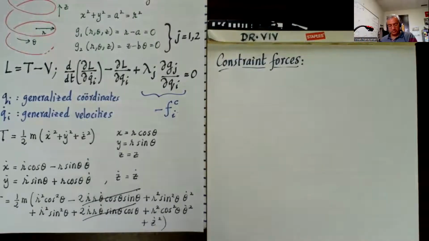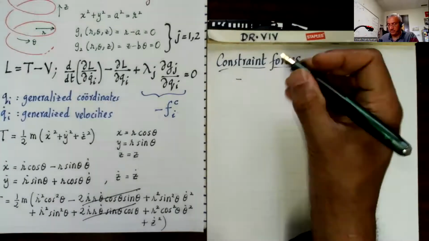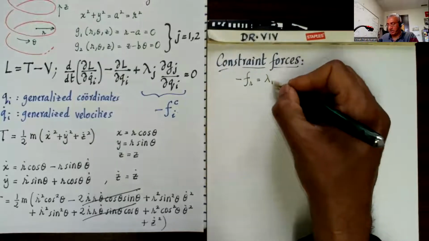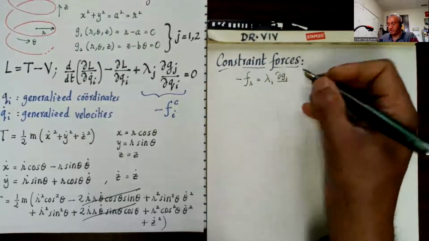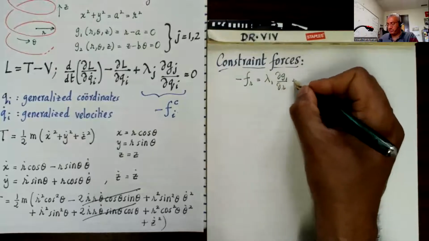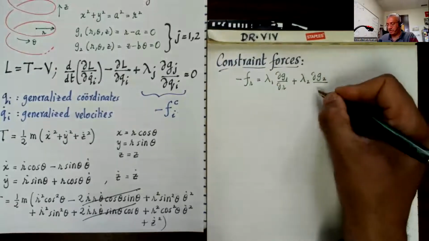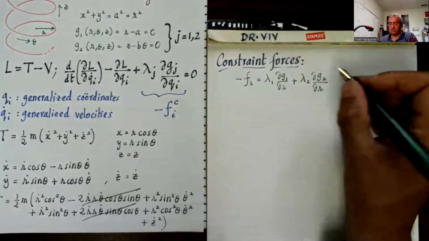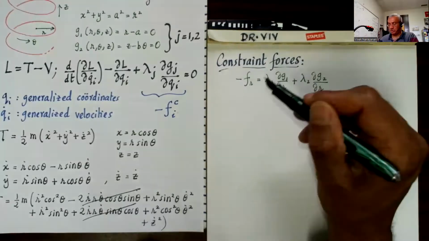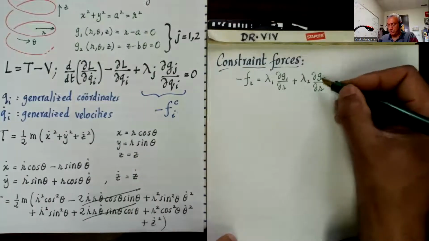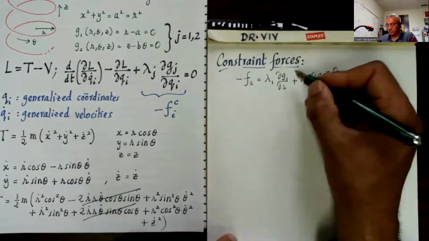I can write negative f sub r is lambda 1 del g1 by del r plus lambda 2 del g2 by del r. Using that, G1 is right there. G2 has no r in it, so that's 0.